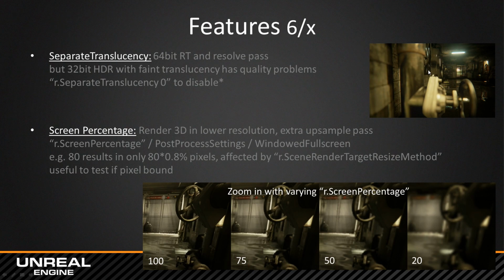Separate translucency is a feature that is needed when you use depth of field a lot. For translucency we don't have a depth, so we cannot compute the post-process depth of field very accurately, and then occlusion can be wrong, and that's a bad thing.